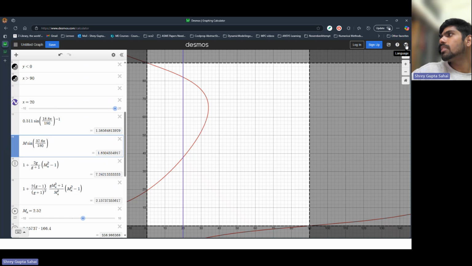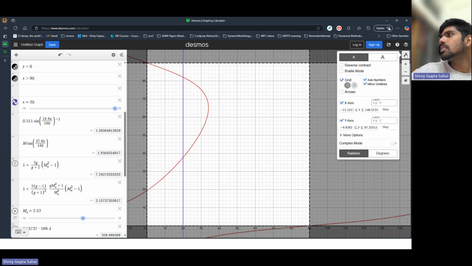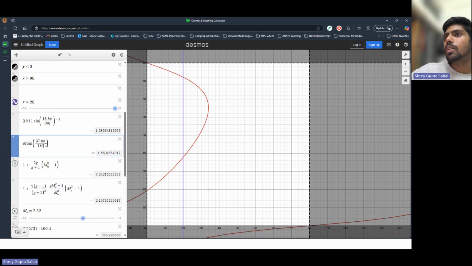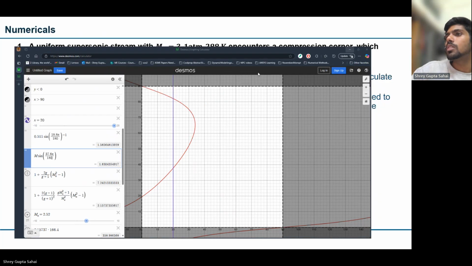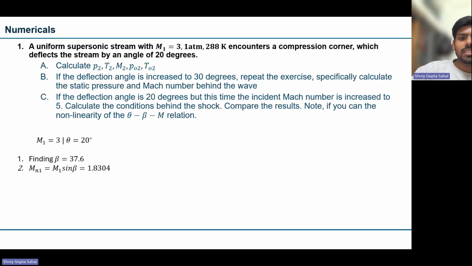Otherwise, there is a setting to use degrees, but let's not do that. So now we know that Mn1 is 1.838304.